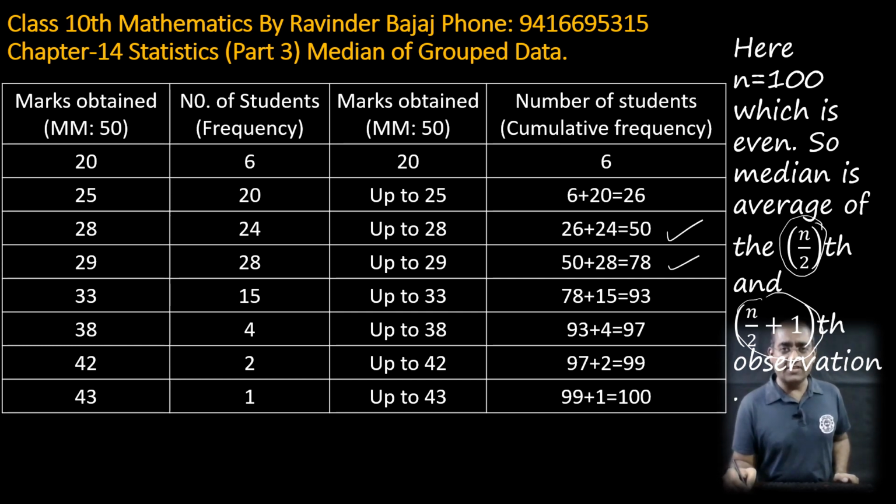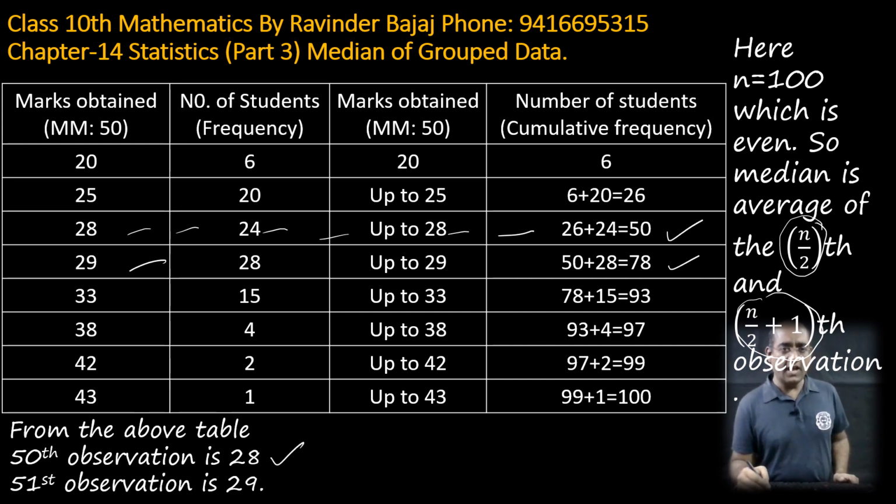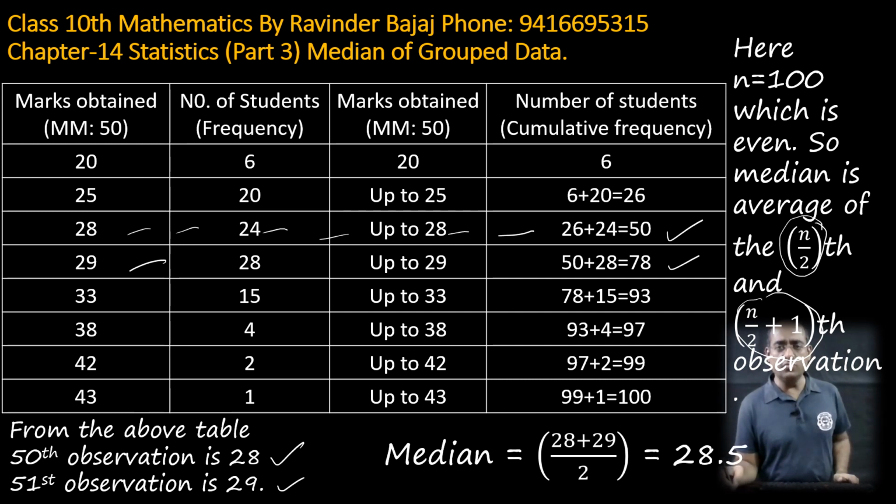Now see what the value is at this place. At 50 it is 28 and the next value is 29. So it will be the average of 28 and 29. From the above table, the 50th observation is 28 and the 51st observation is 29. So the median is (28 plus 29) by 2. So this is the answer.